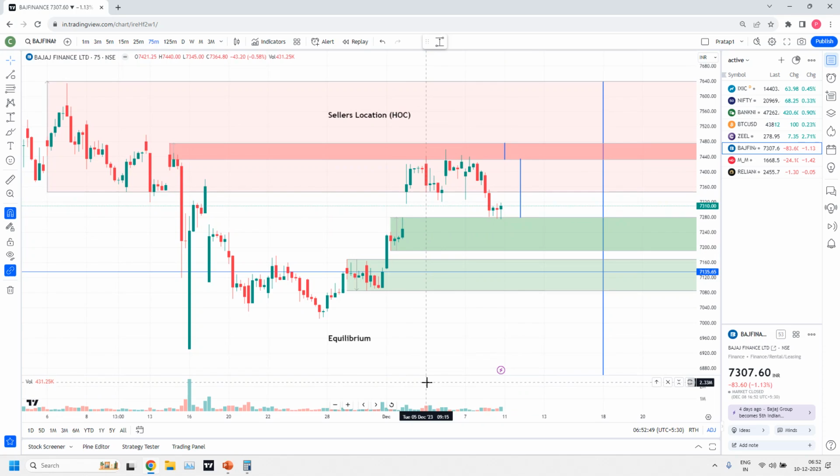So that is the reason why understanding why location is important and trend is important. Identifying location and identifying the trend, basically these concepts are trying to increase the probability of success for the trade.